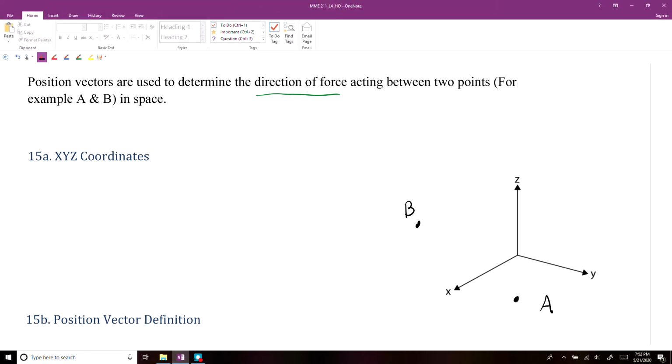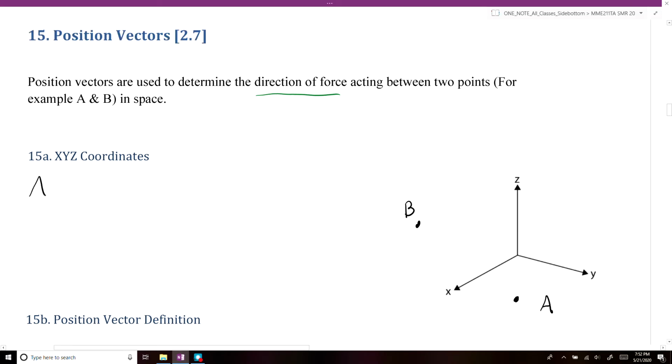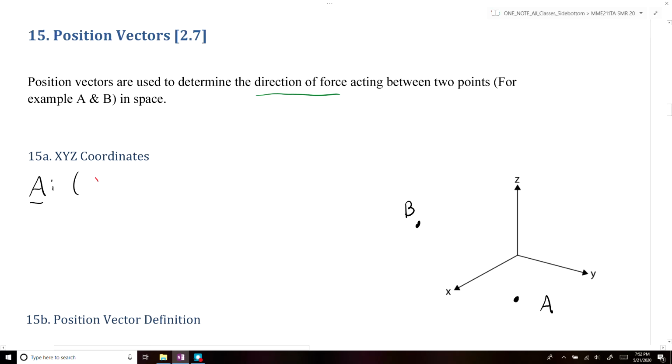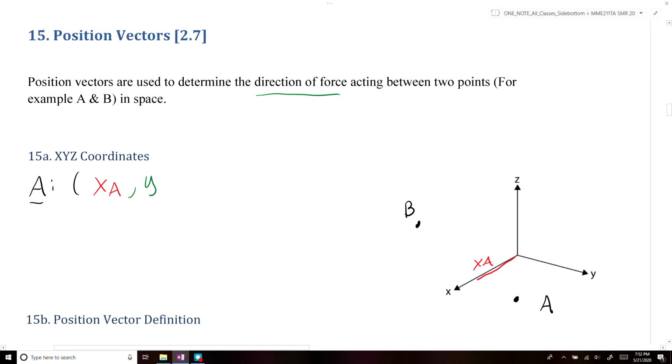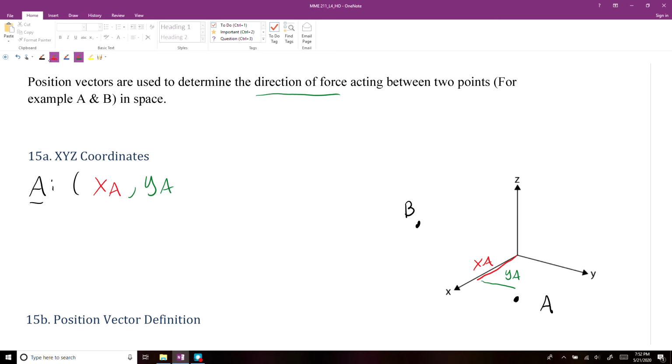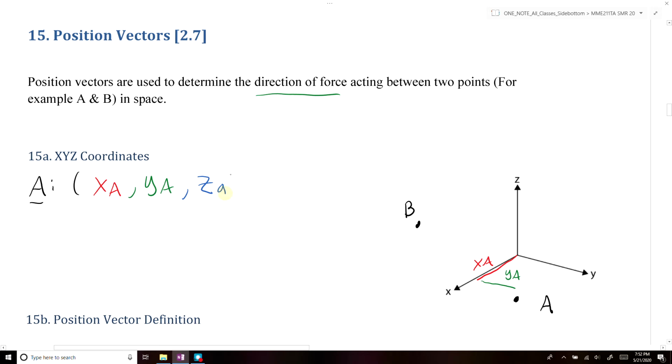So for example, we can define point A as having the coordinates x of A, the coordinate y of A, and then the coordinate or the length z of A. And in a very similar fashion, we could do the same thing for point B, where we define its coordinates as x of B, y of B, and z of B.